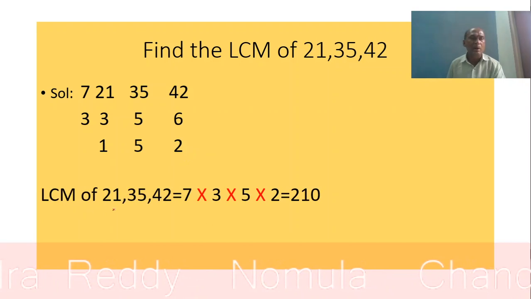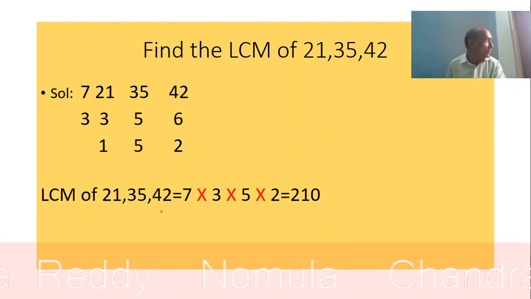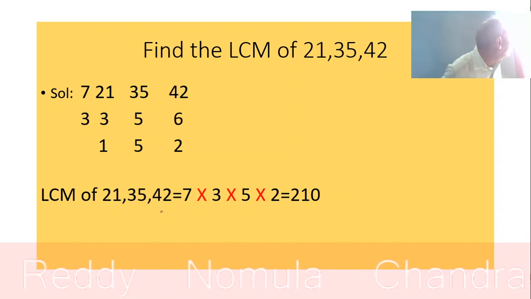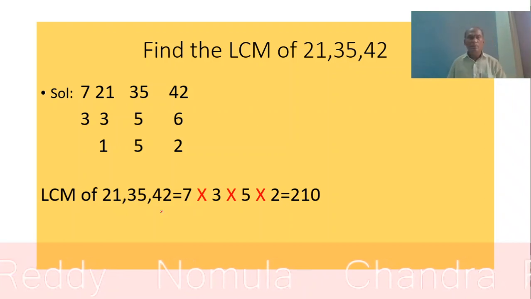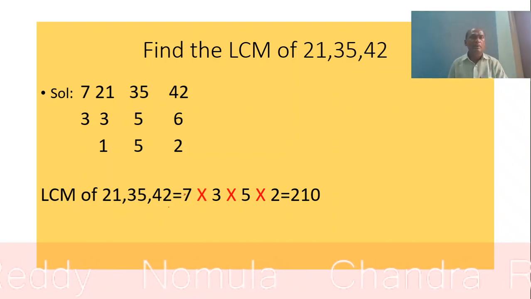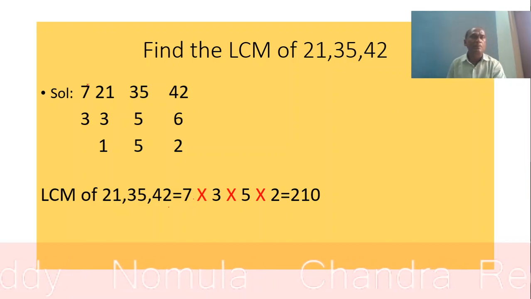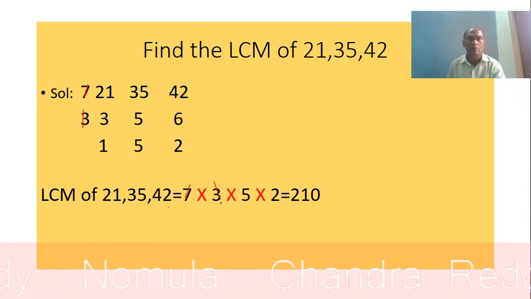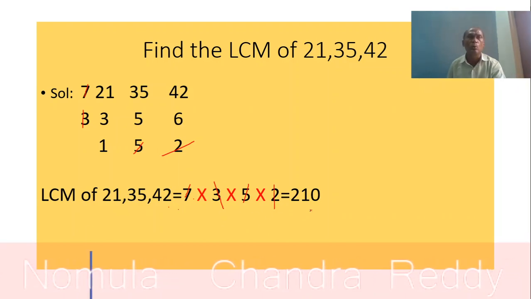Here LCM of 21, 35, 42 is equal to 7, 3, 2, 5, multiplied together, this is the answer: 210.